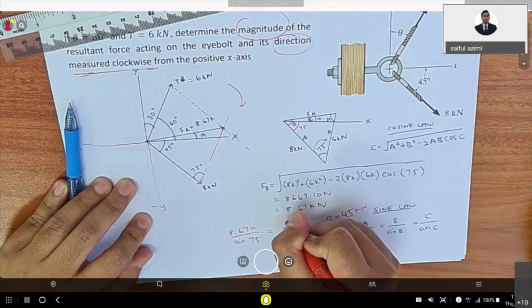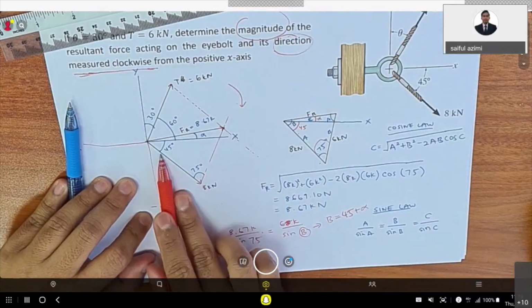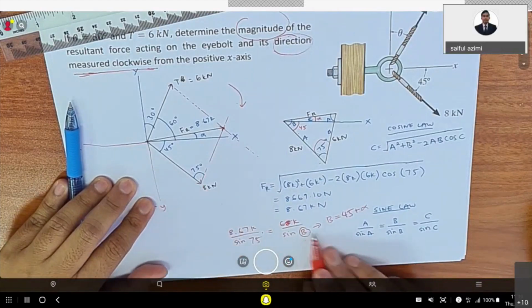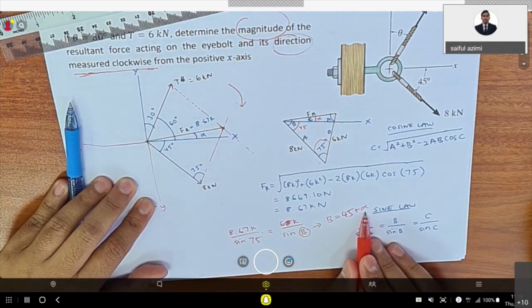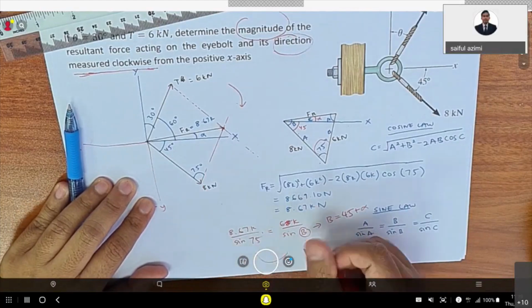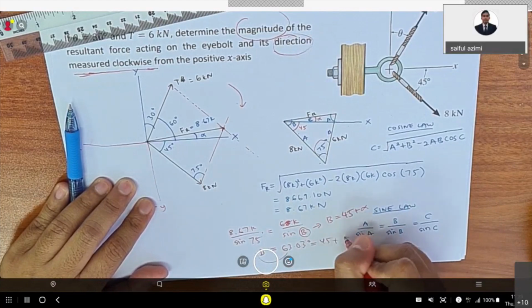So this is 6 kilonewton over sine B equals to, B represented as 45 degree plus alpha. When you solve this equation, you will get B equals to 63.03 degree, which represents 45 plus alpha.